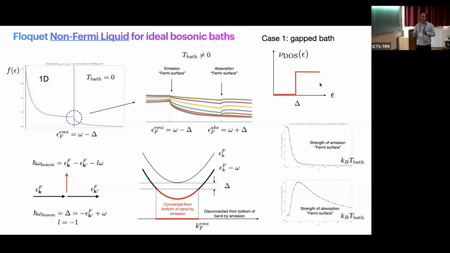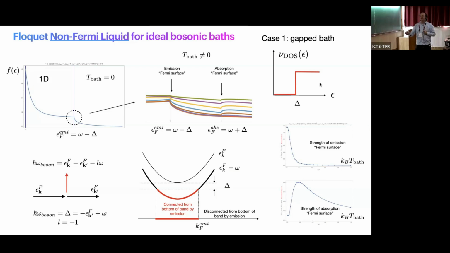Okay, so even if you start with 0 energy at the bottom of the band, you can lower the Floquet energy by making this L equals -1, so that this is compensated by a plus omega. So in a non-equilibrium setting, you can further lower the energy even if you're at the bottom of the band.